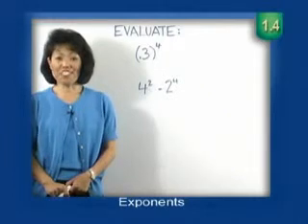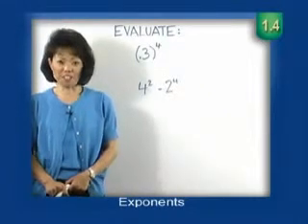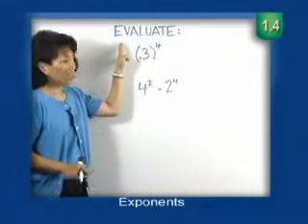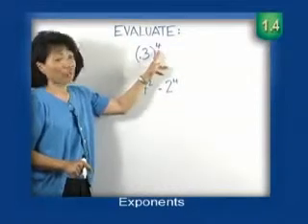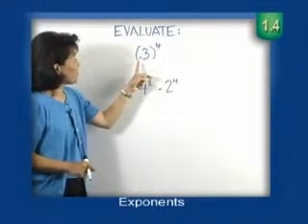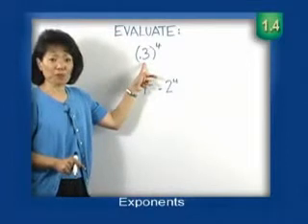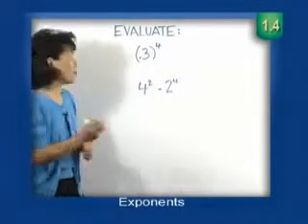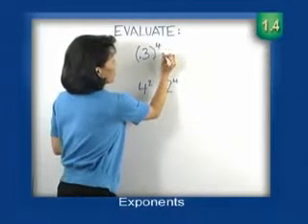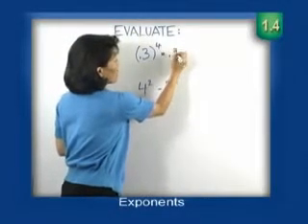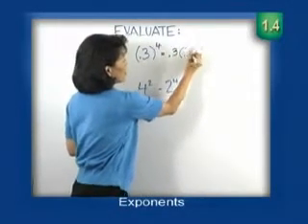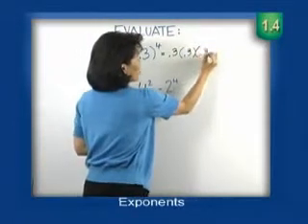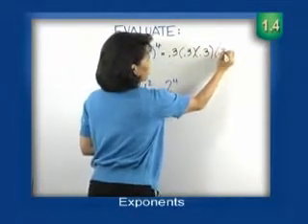Let's evaluate these next two exponential expressions. Let's evaluate 0.3 to the 4th power. Now the only difference here is that we now have a decimal that we're going to raise to the 4th power, but the procedure is just the same as if it were a whole number. What we're going to do is rewrite it as 0.3 times 0.3 times 0.3 times 0.3.